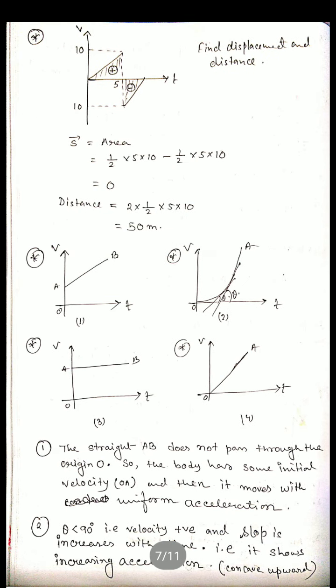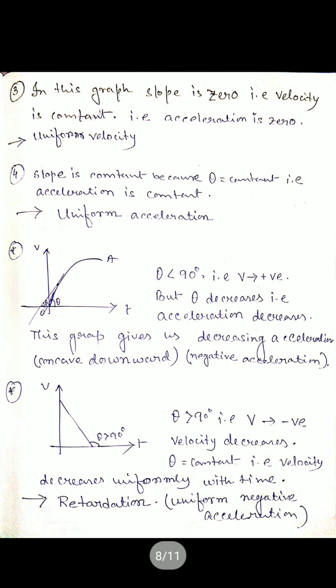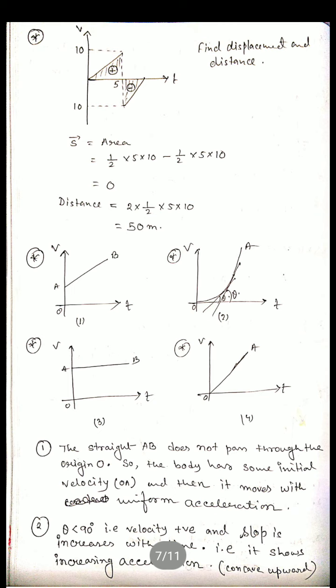And in the fourth one, you see that the slope is constant because theta is constant, theta does not change, so acceleration is constant. So it gives us uniform acceleration.